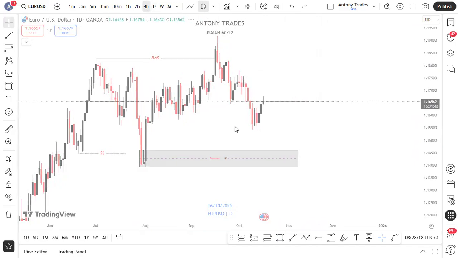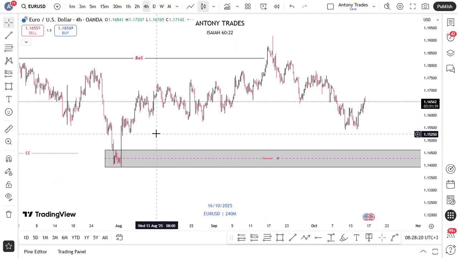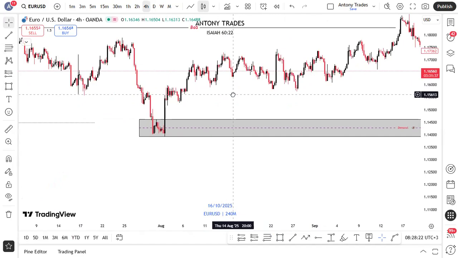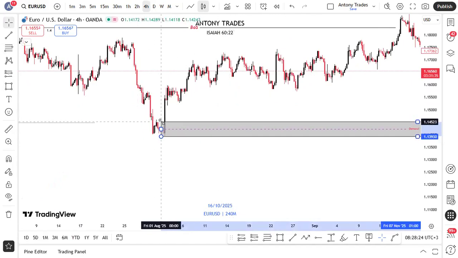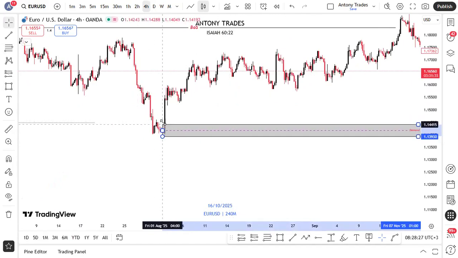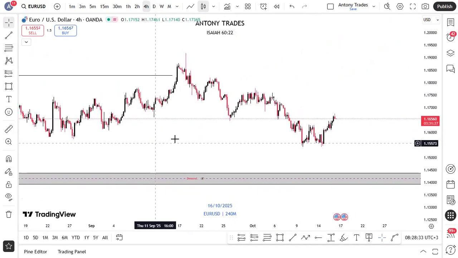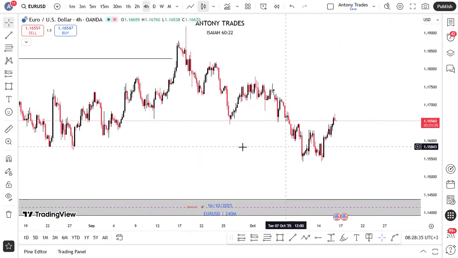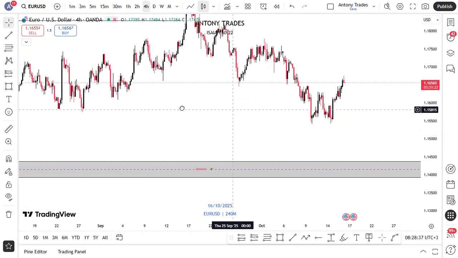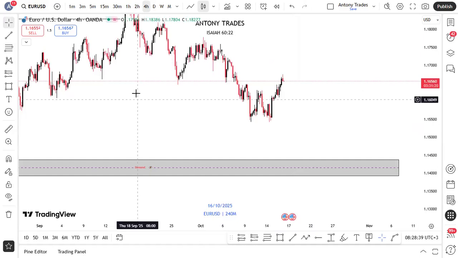So what do I do? I go now to 4-hour time frame for me to check whether I can refine my point of interest. And if I refine it, I'll have this candle down there. This small candle like that. That's my demand zone. So my idea now is waiting for the market to come to this point of interest.